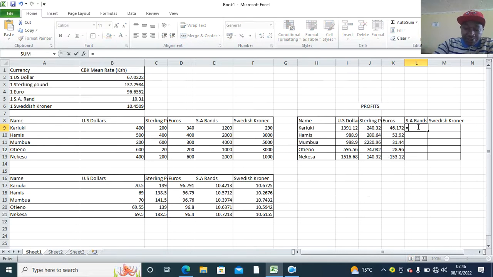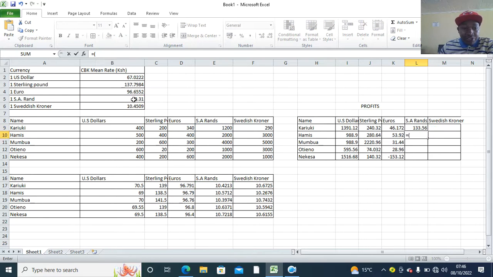So we go to this one, open the bracket. We are in karaoke. For karaoke, we have that one multiplied by that one, close the bracket, minus, again that one multiplied by the US, that one, close the bracket, enter, equals, open the bracket.